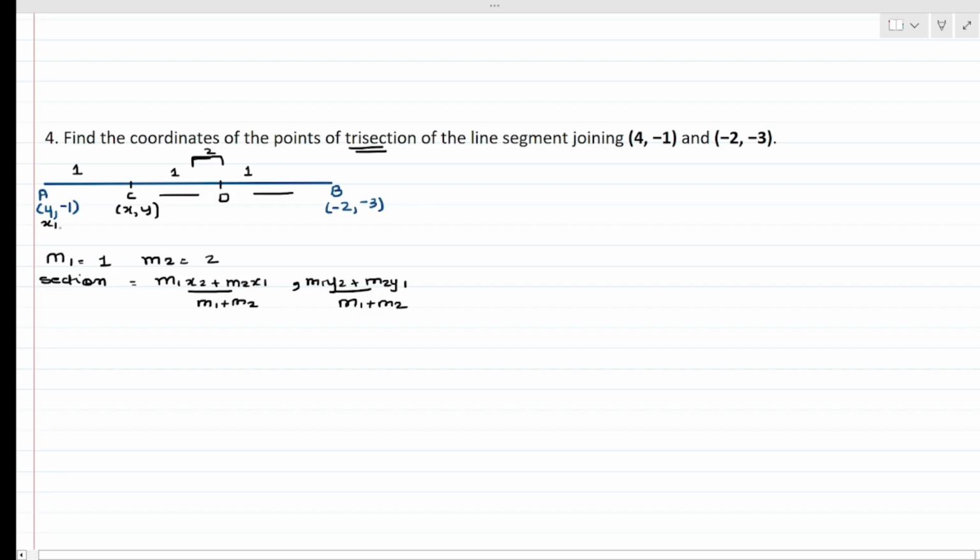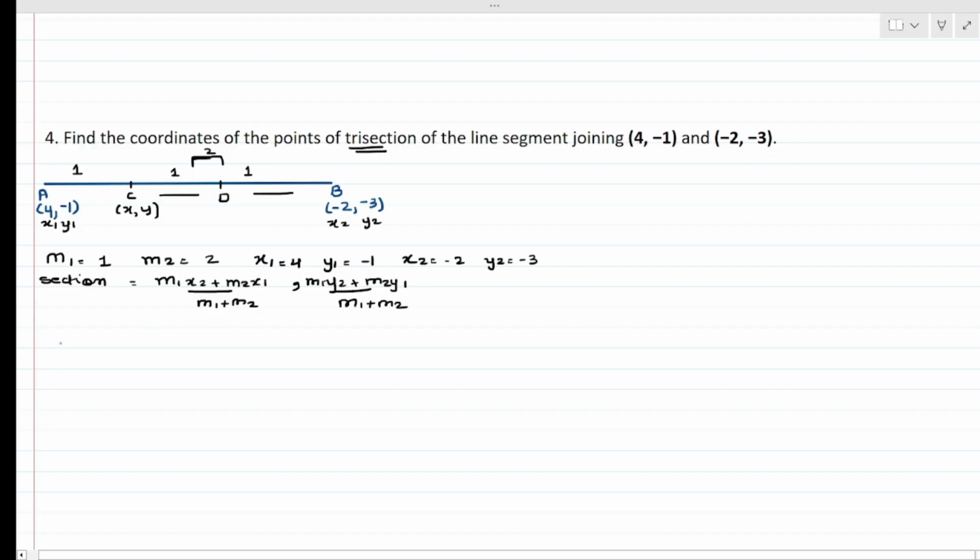So this becomes my X1, Y1. This becomes my X2 and Y2. It is very simple when you bifurcate what is your X, what is your Y, and you write down in your question paper. It is very easy then just to substitute the values: my X1 over here is 4, my Y1 over here is minus 1, my X2 over here is minus 2, and my Y2 over here is minus 3. Now simply substitute.